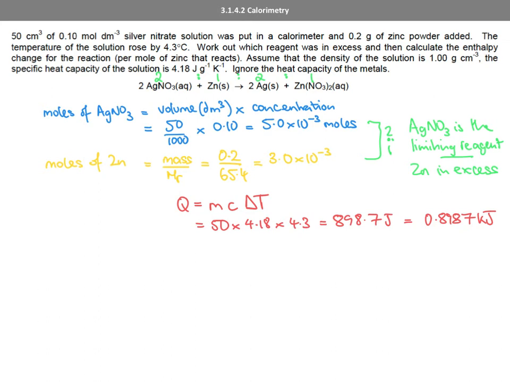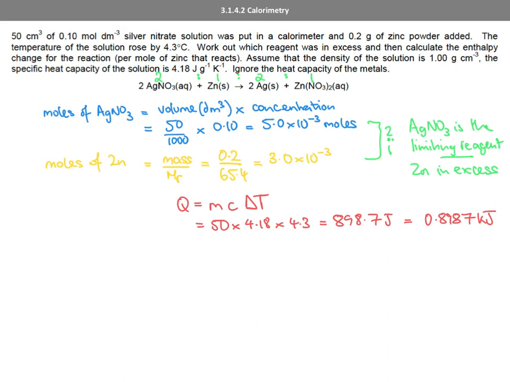So the number of moles of zinc that reacts is going to be half the number of moles of our limiting reagent, silver nitrate. We used 5.0 times 10 to the minus 3 moles of silver nitrate. That was our limiting reagent. We've got a 2 to 1 ratio, so the number of moles of zinc that actually takes part in this reaction is half of 5 times 10 to the minus 3, which is 2.5 times 10 to the minus 3.